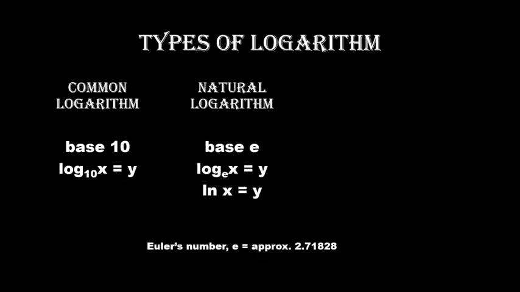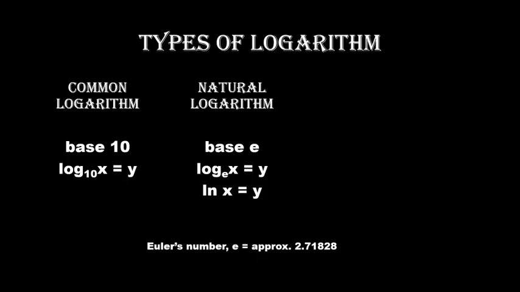Natural logarithm is commonly used in problems related to calculus and higher math, especially in trigonometric identities and trigonometric functions. We usually use natural logarithm for that and also for complex numbers. Okay, so that's the second type.